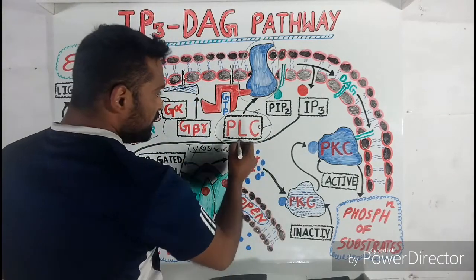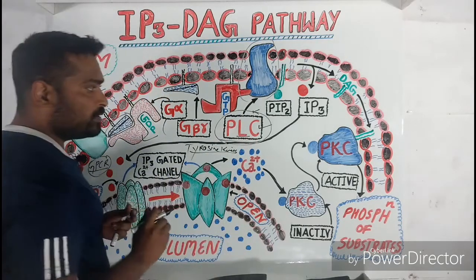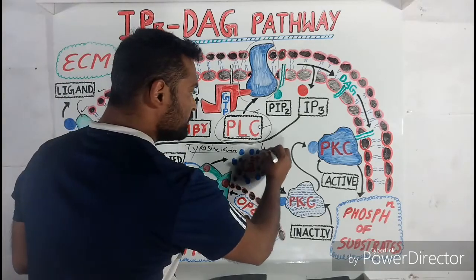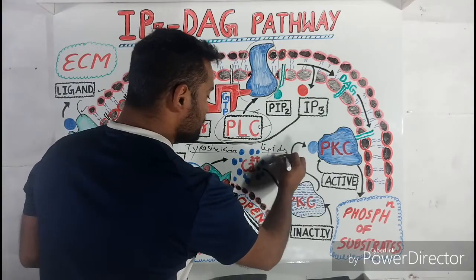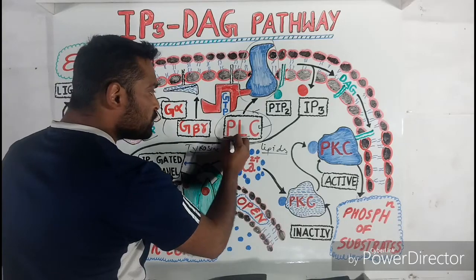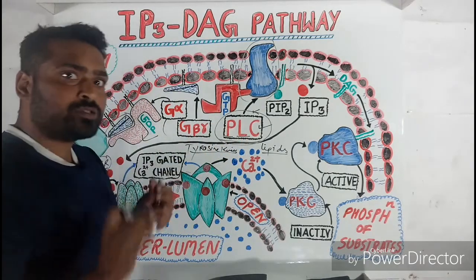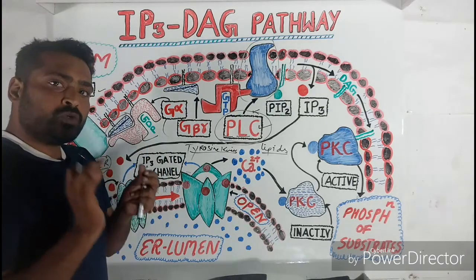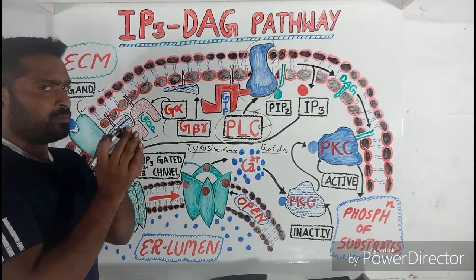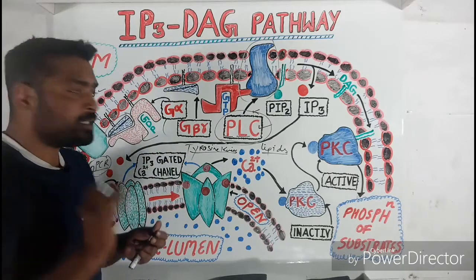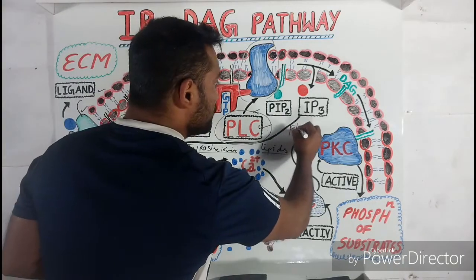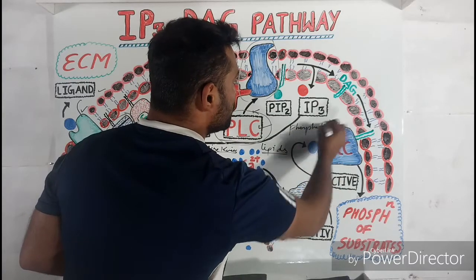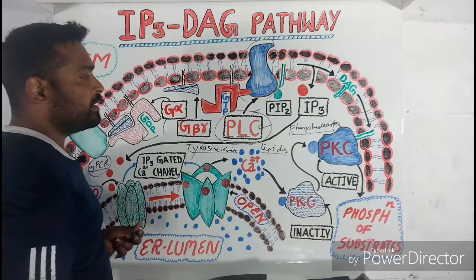It stands for lipase. So if it's lipase, it means it acts on lipids. More importantly, this is phospholipase, so that means it acts on phospholipids, and when it does so, it converts those phospholipids into some other compounds by breaking down the phosphodiester bond which is present in those phospholipids.